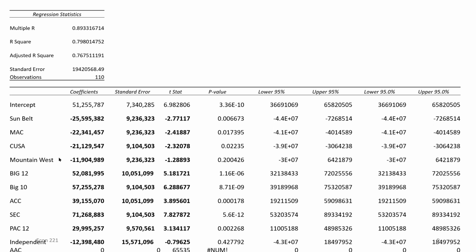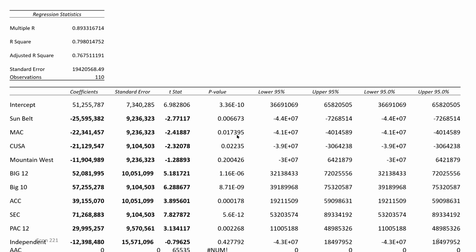Looks like maybe the Mountain West, we couldn't say that there's a significant difference between belonging to that conference and the AAC. But everything else here, remember, e to the negative, this is almost 0. So these p-values are all very low, right? I guess the MAC we couldn't say is any different than the AAC at the 99% level, right? Because the p-value is only 0.017.